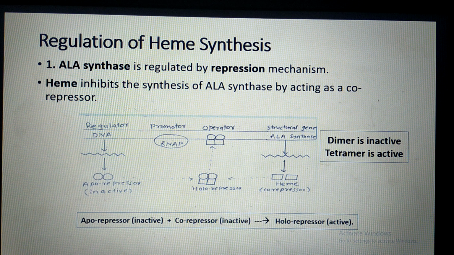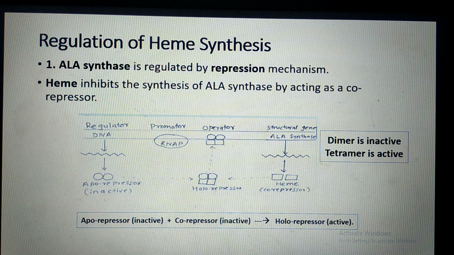Therefore, there is no transcription of the ALA synthase gene, and automatically the concentration of ALA synthase decreases, which in turn decreases the heme synthesis in the cell. So in this way, heme inhibits its own synthesis by repression mechanism.